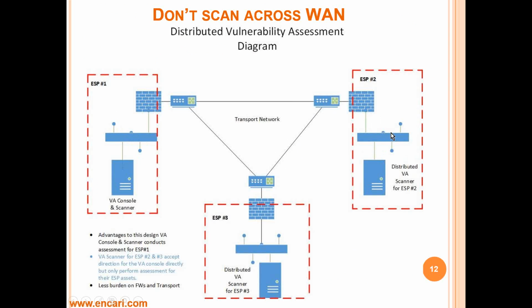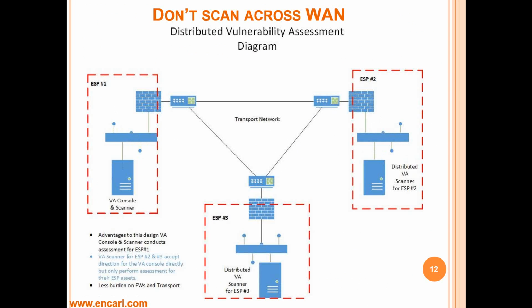It's not just one Nessus server or what have you, but you have the console and then scanners that reside in different ESPs, different segments of the network. Different policies can be assigned to different scanners based upon the environment within that ESP.